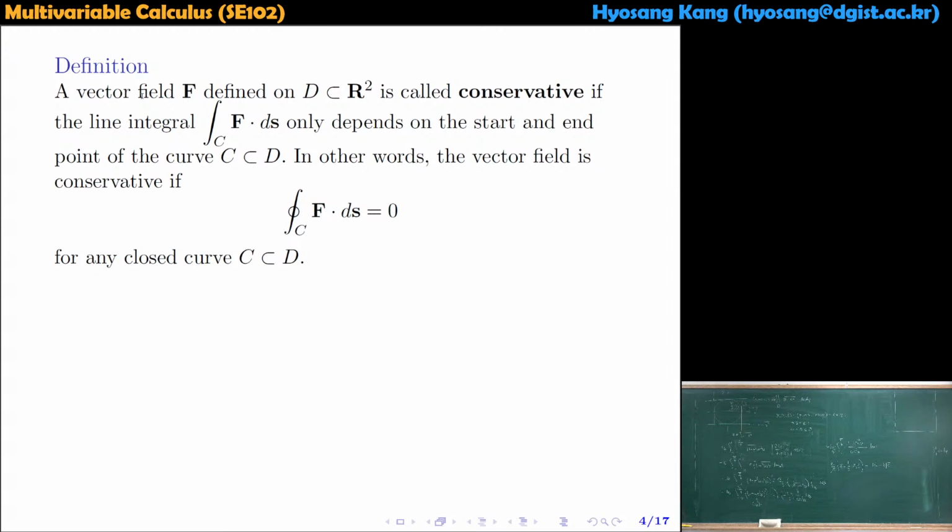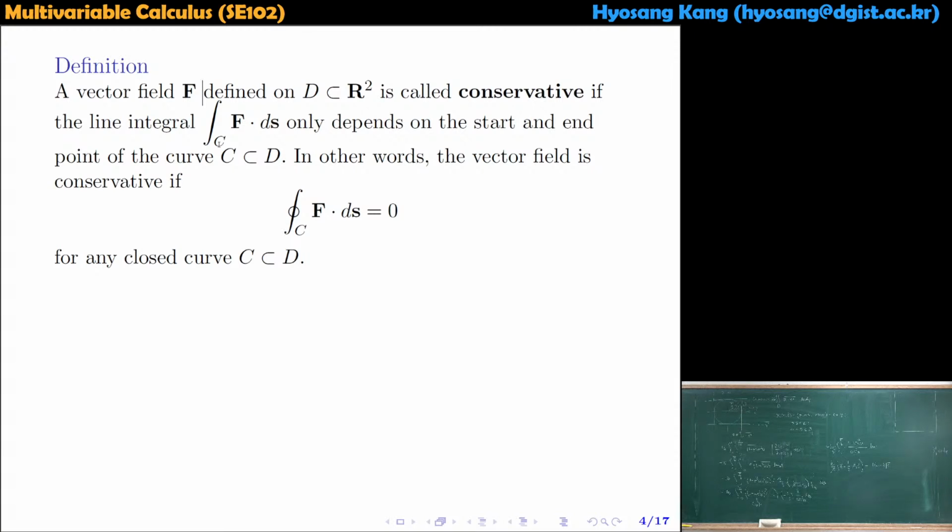The important part is that this curve must lie inside the domain where the vector field is defined. As long as the path is inside the domain of definition of the vector field, the line integral, or in other words the work done by the vector field, does not depend on the path, but only on the starting point and end point.